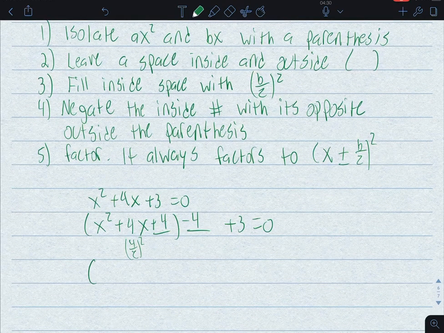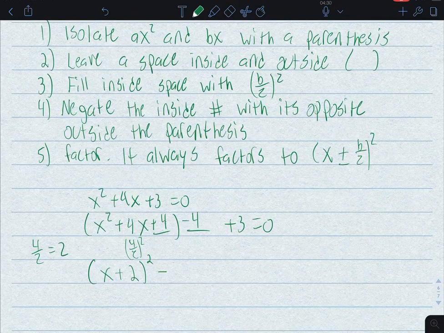Step 5 says to factor, and those factors are always going to be b over 2. So x plus 4 over 2, and 4 over 2 is 2. We're going to square it, subtracting negative 4 and 3.